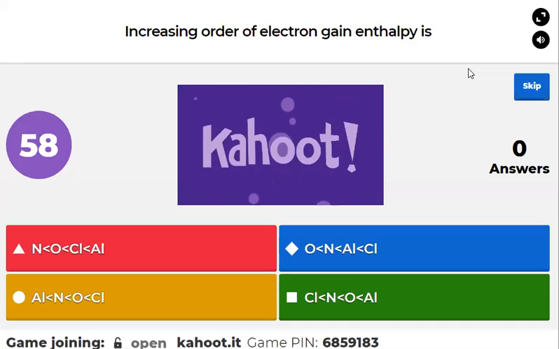Increasing order of electron gain enthalpy is, I hope all of you remember this.